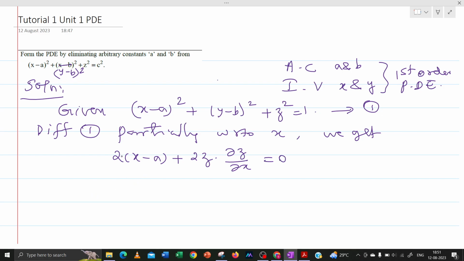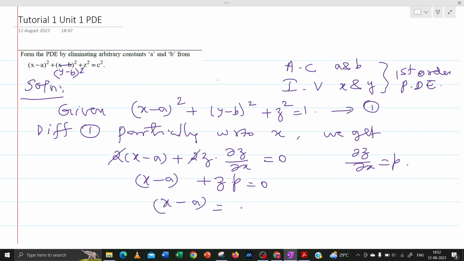Then the 2 we can take outside, and 0 by 2 is 0. Then the remaining is x minus a plus z into dou z by dou x, which is denoted by p. So x minus a plus zp equal to 0.